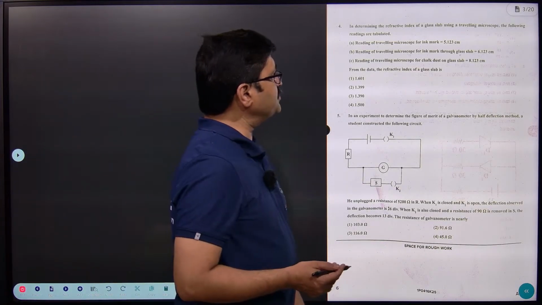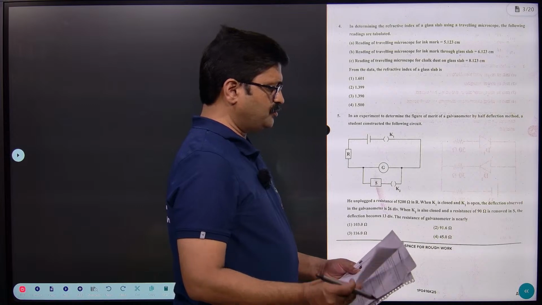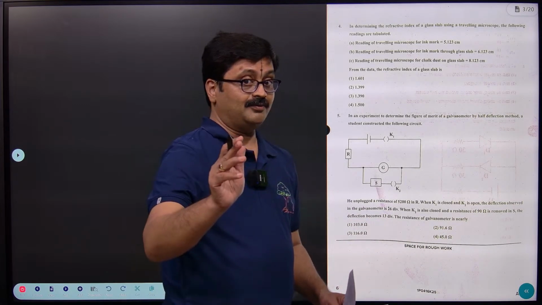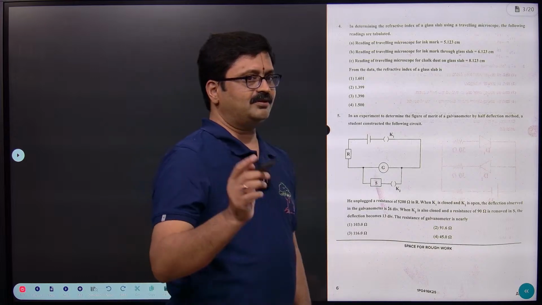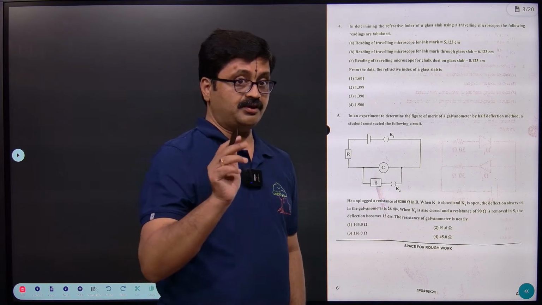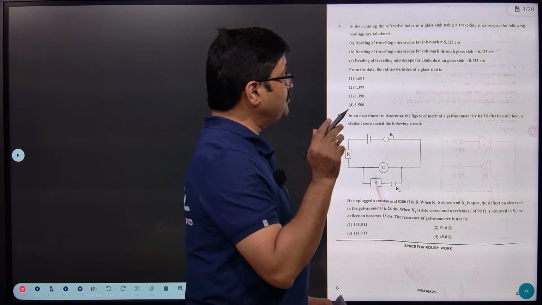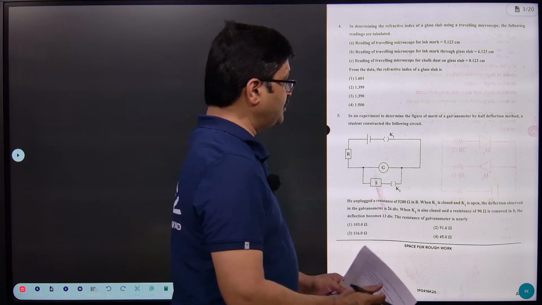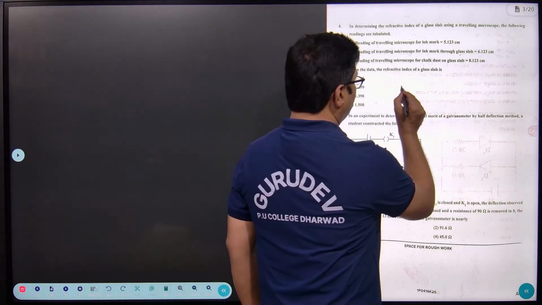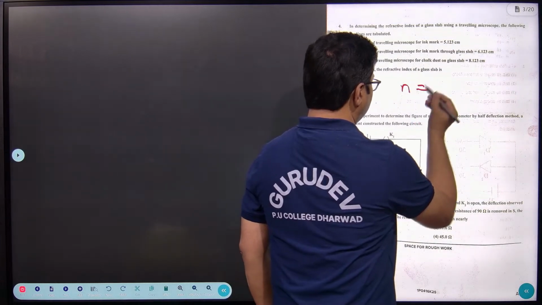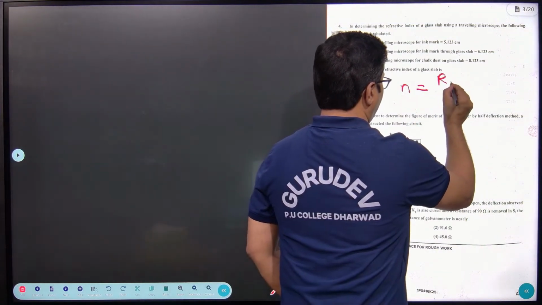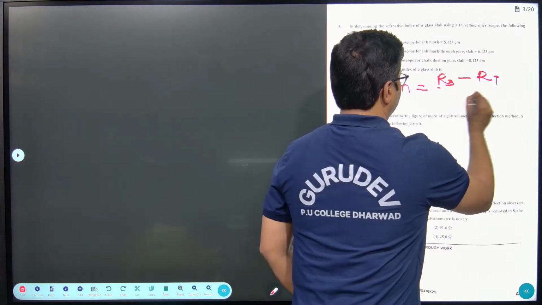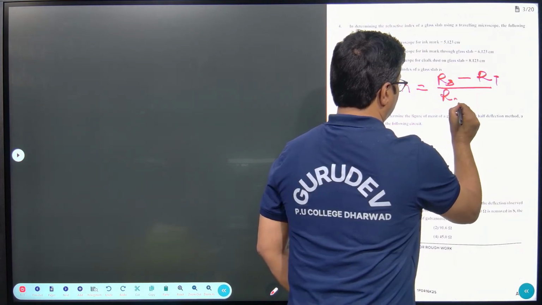In this question, note that it is based on your practicals, because it has been announced earlier, on the RI of glass slab experiment. The formula that we will use is N is equal to R3 minus R1 divided by R3 minus R2.